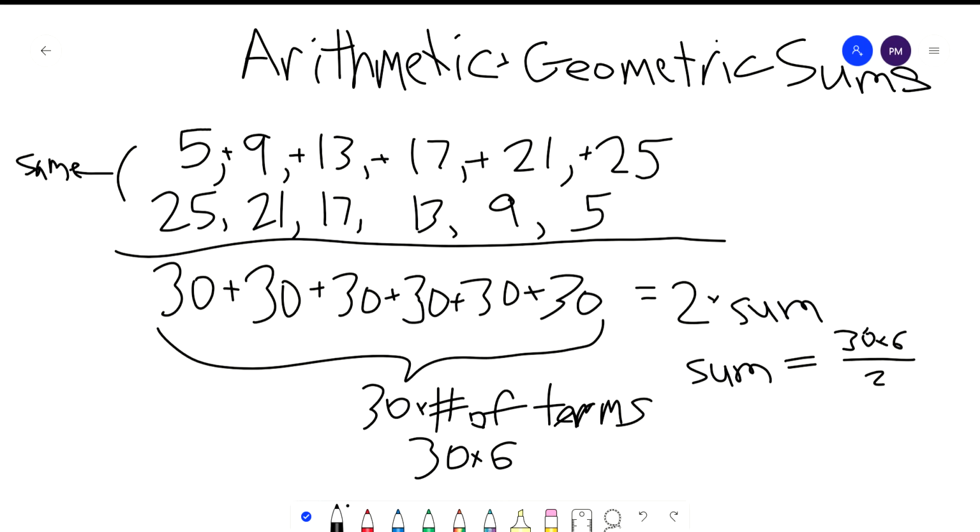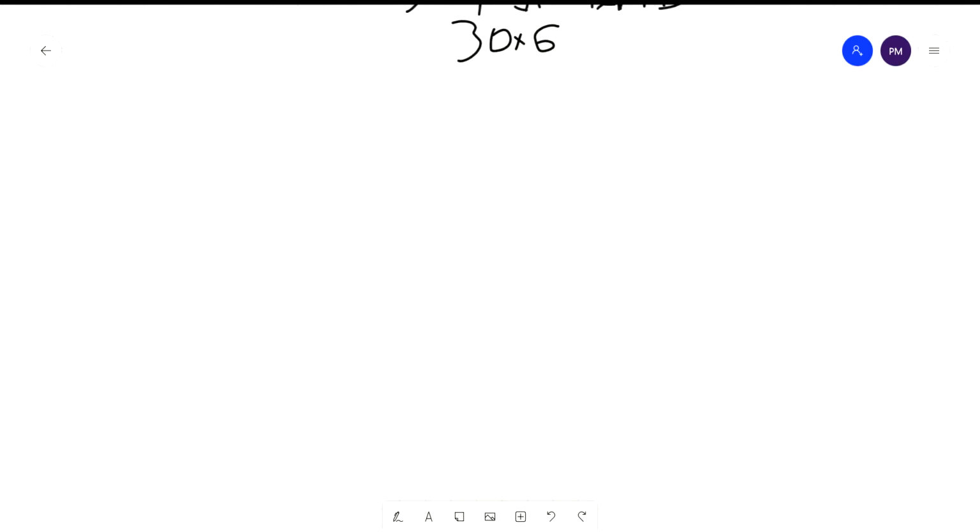Okay, so now let's try and construct a general formula for this. So we have the first term a, the second term a plus d, so it has a common difference of d.